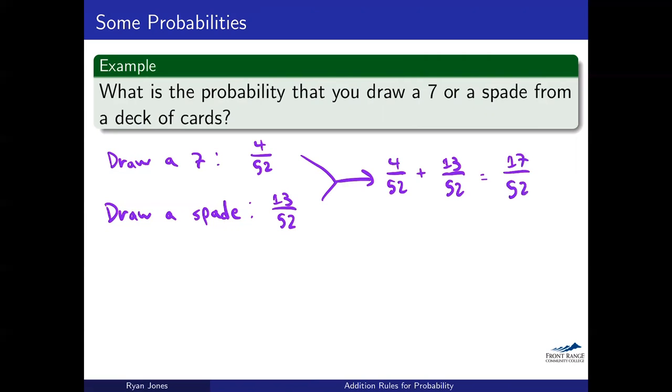But the problem with this is that there's actually some overlap here. So this is bad, because it is quite possible to draw a 7 of spades. Clearly there is a 7 of spades. So there's one card out of all 52 that satisfies both of these events, drawing a 7 and drawing a spade.